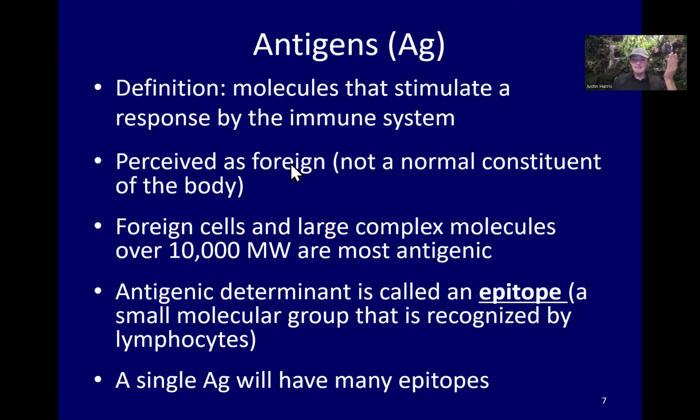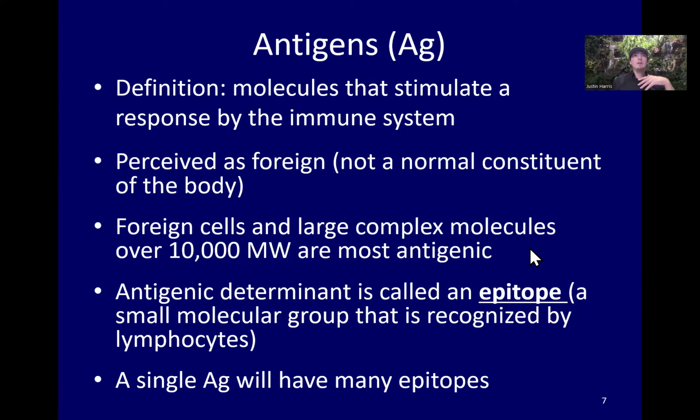So there's antigenicity, and things can be more antigenic than other things. For instance, there are size requirements. At lower than 10,000 molecular weight, you don't have that antigenicity because the antibody or the T cell receptor aren't able to recognize the molecule.